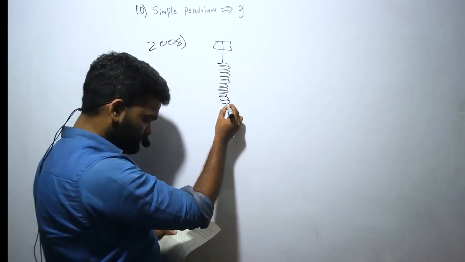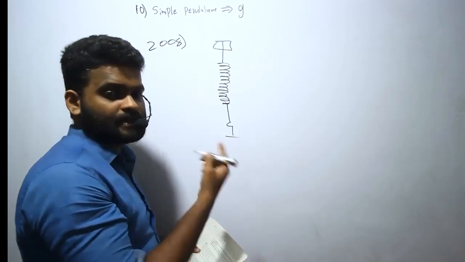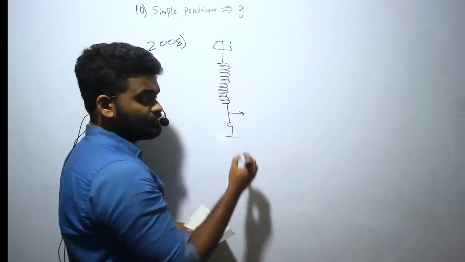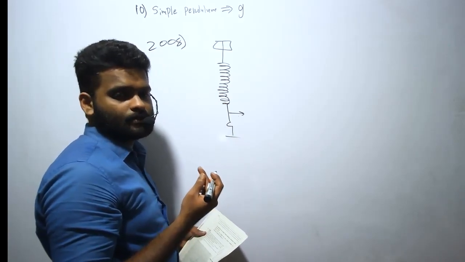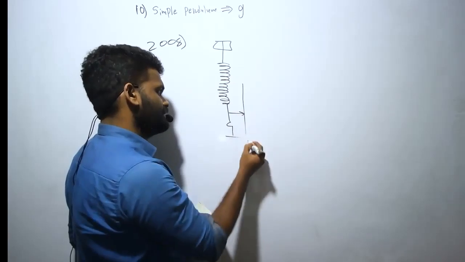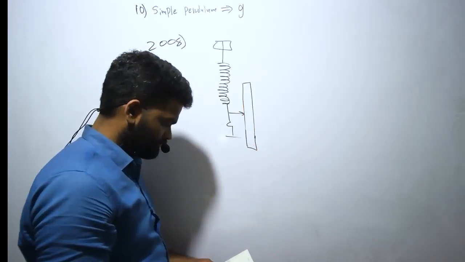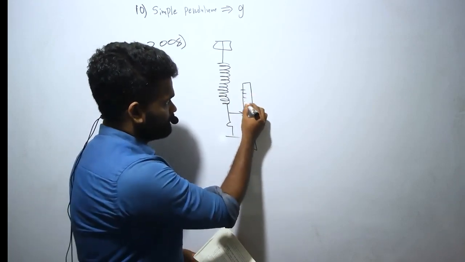So you need to measure the extension of the spring. So this is given. So how do you place the ruler? It's placed like this, right? So this is the meter ruler.